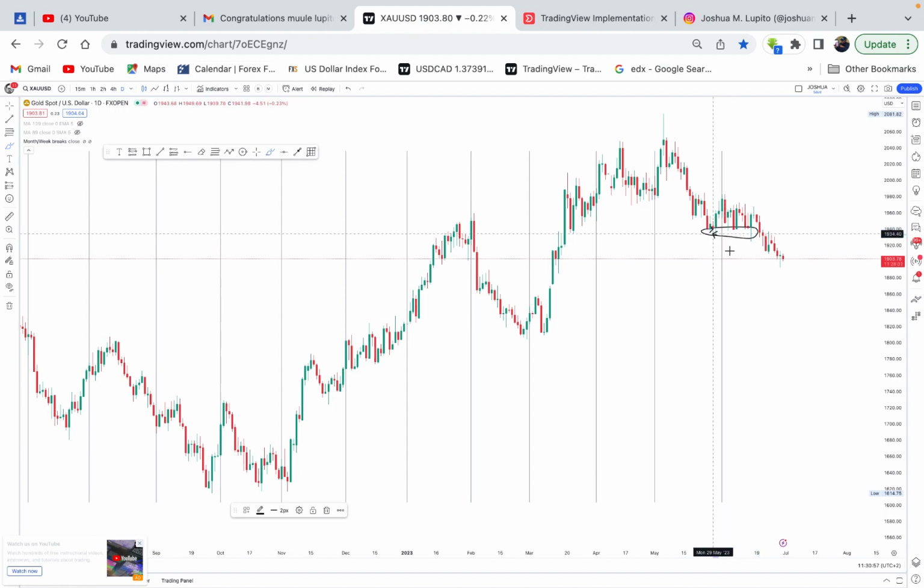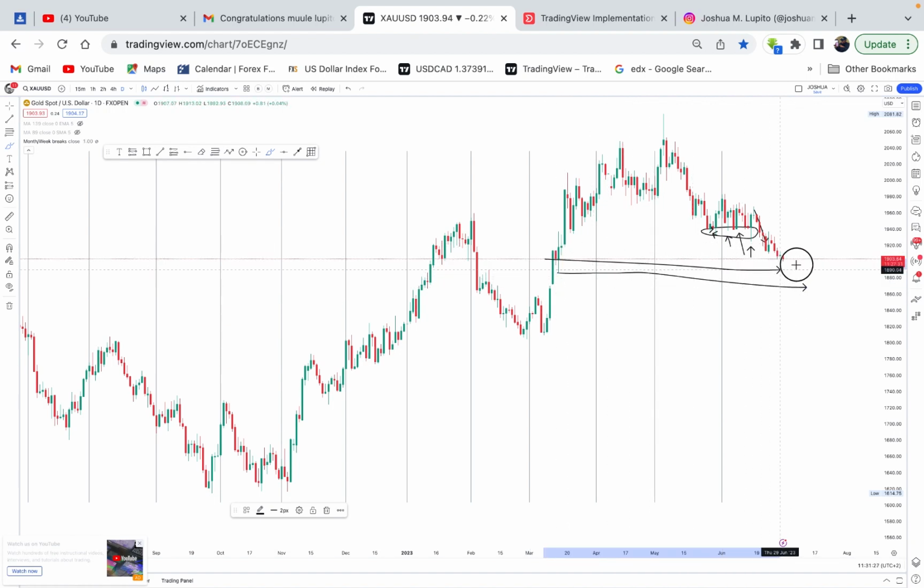We can see the first attempt, second, third, fourth, the market was failing to break below this particular area. But as soon as the market went up, it came with some good momentum, breaking into the downside, and actually came to this zone here.